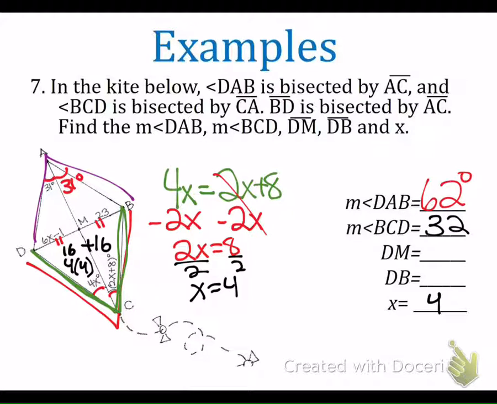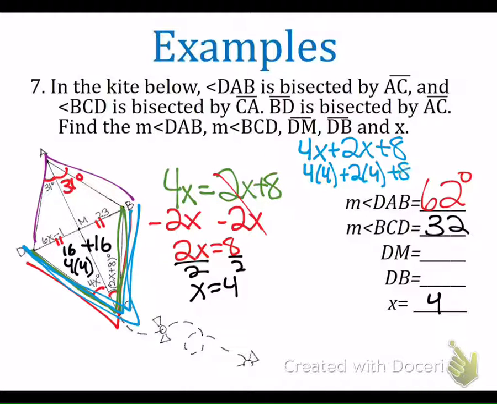If you did not see what we just did, we are trying to find the measure of this whole angle. So I know it's 4x plus 2x plus 8. I could just plug a 4 in for all those x's and solve, because when I set them equal, I got that x equals 4. I did that part right here. Then I took these x's out and made them both 4s, and I got 16 and 16. Add those together, you get 32.